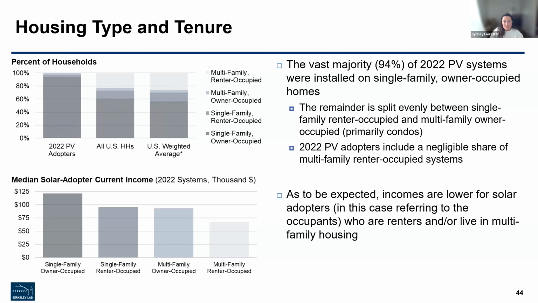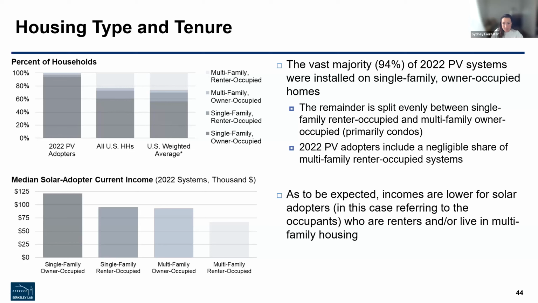And that's reflected here in our data set because that is obviously reflective of the market. But we have here the vast majority of our 2022 PV systems were adopted on single family owner occupied households. So that's 94%. And the remainder is essentially split between single family renter occupied and multifamily owner occupied. And these also include condos. So that's one thing to note.